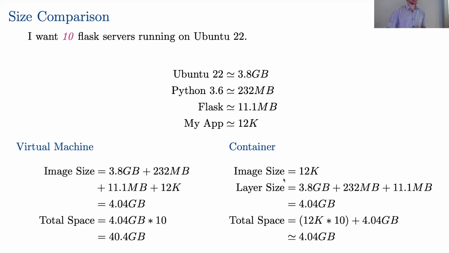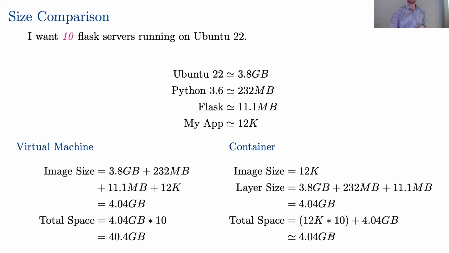If I'm running a container, then the bottom layers are going to be shared. So the bottom layers take up also about 4 gigabytes. Now this isn't totally realistic, but we're going to say that our app needs to be copied across 10 times to 10 containers.